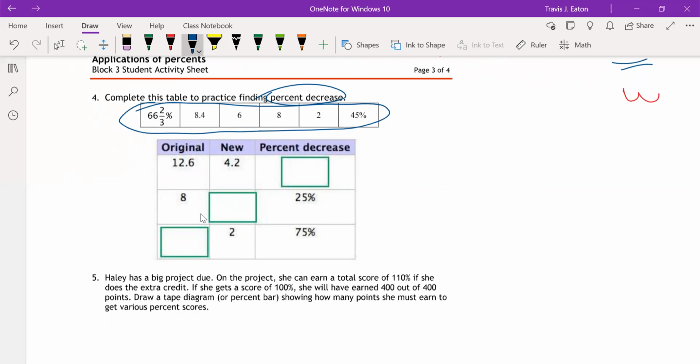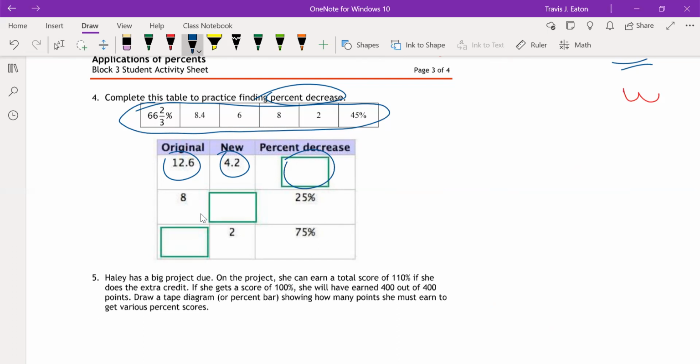In this first one, the original was 12.6, the new amount is 4.2, and we're looking for the percent decrease. If we use the same method as last time, instead of adding the percent, we would subtract the percent.